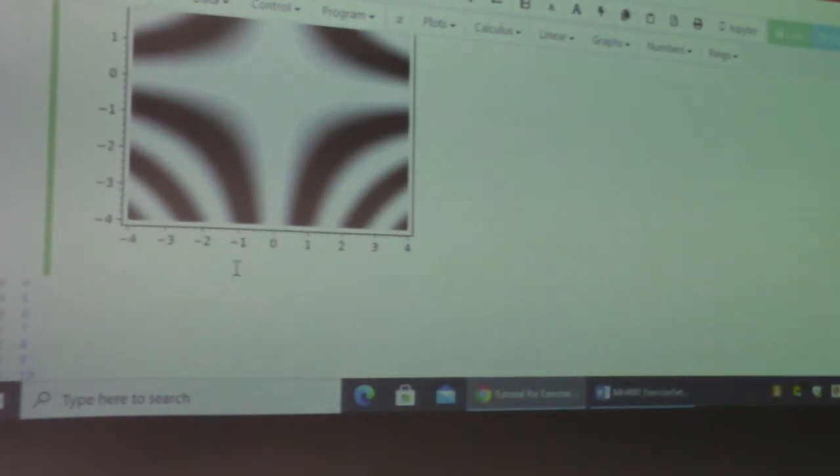I'm going to look at the documentation for contour plot and see if I can find out more. So contour underscore plot, question mark. Let's see what it tells me.